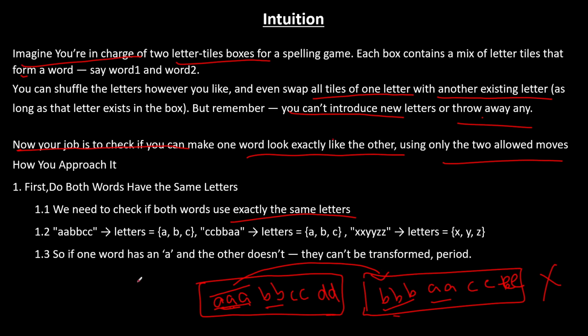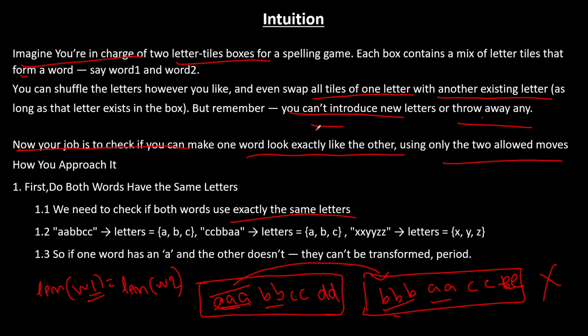Now also bring a thought into your mind. First, we checked that the length of word one should be equal to the length of word two, which is the most important thing to proceed with. Second, you have to check that the letters are the same. You cannot add any extra letter or remove any letter from it.